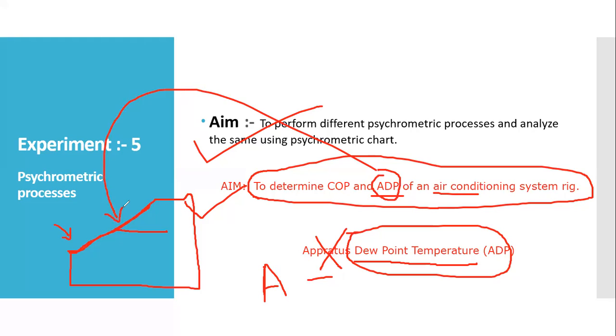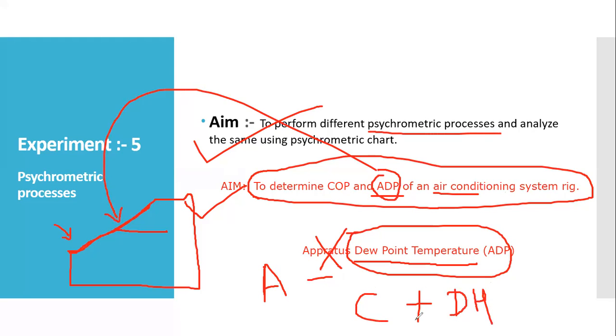We identify it by performing one of the processes of psychrometry. There are various processes that we have seen, but in this experiment we have to follow one process that is called cooling and dehumidification.